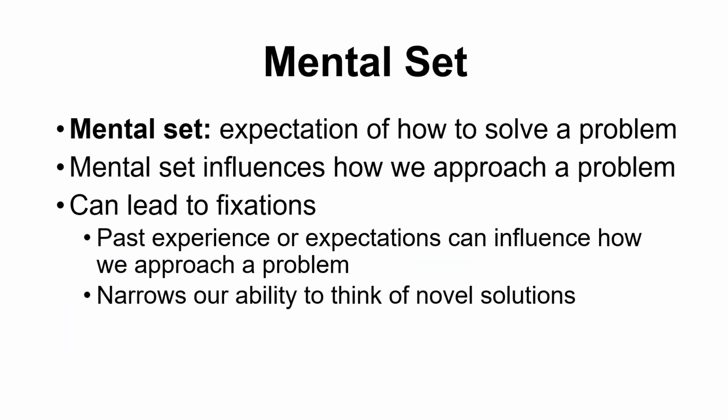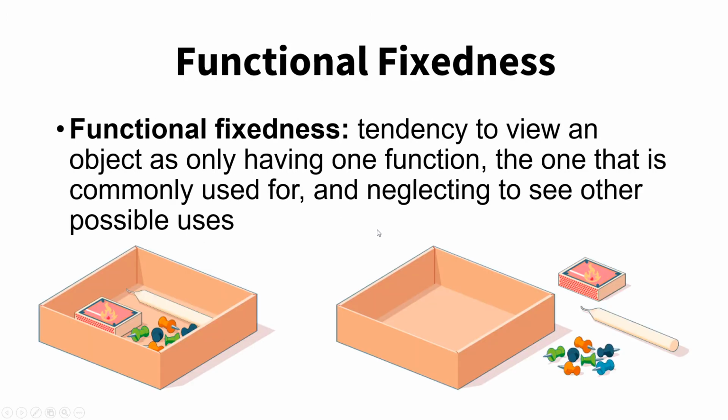A concept that's similar to these fixations is the idea of functional fixedness. This is a tendency to view an object as only having one function, the function that it's commonly used for. And we tend to fail to see other possible uses for that particular object.